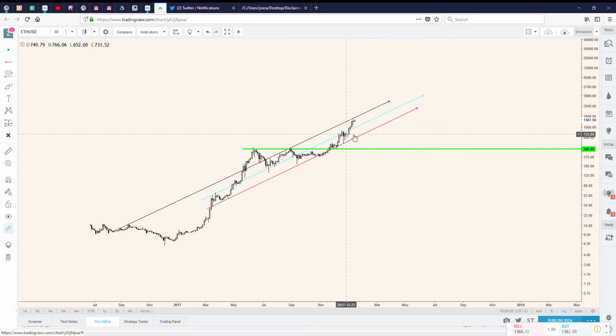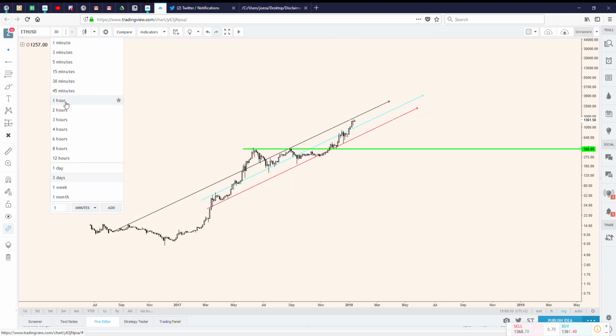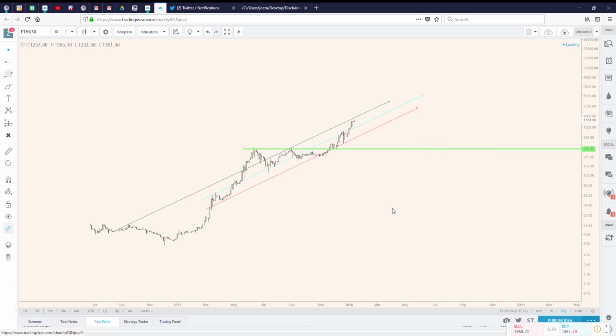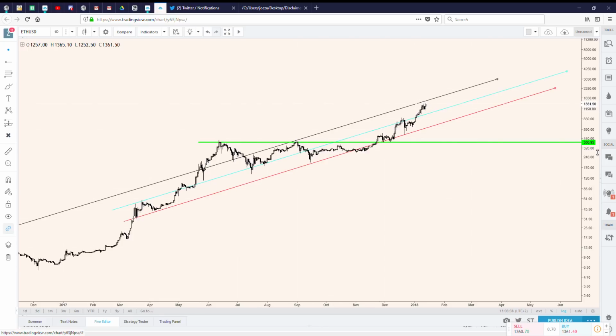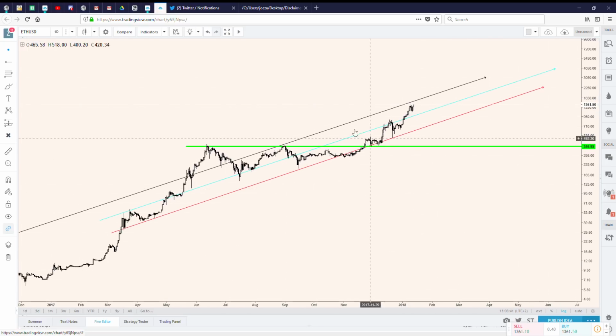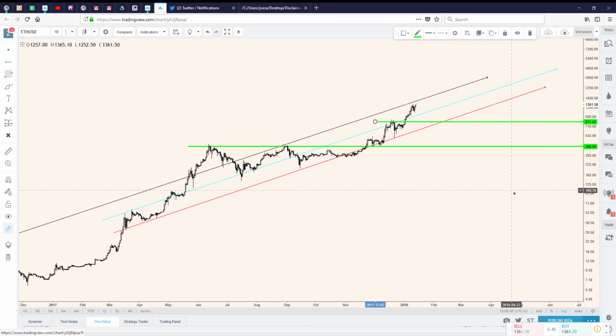I can see a little bit of support here, but it's a little bit shaky. So what I like doing is going down into the daily chart, and on the daily chart I've still got all of that set up, but you can now clearly see that there probably is another support zone about there.